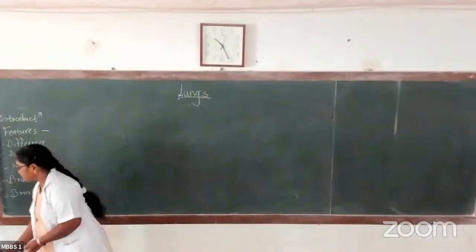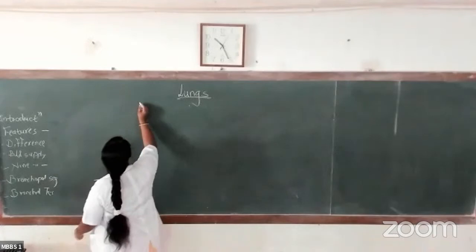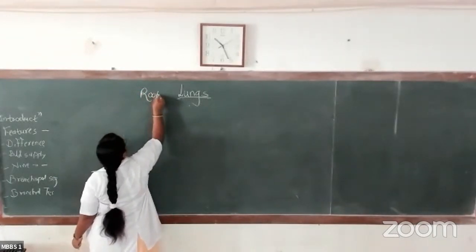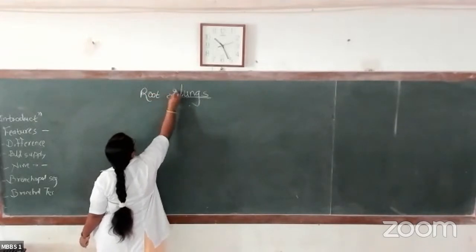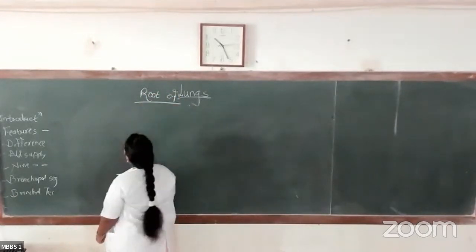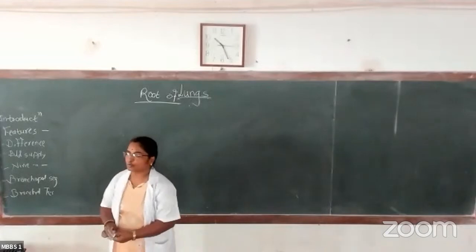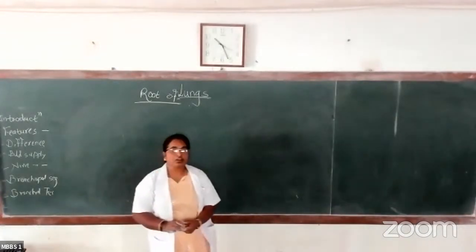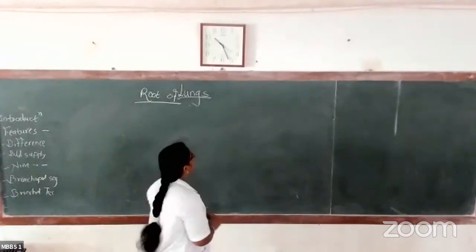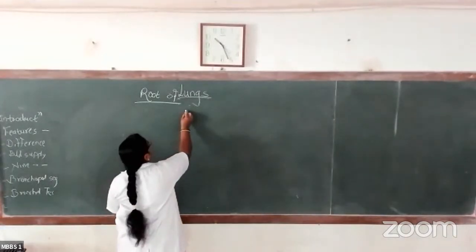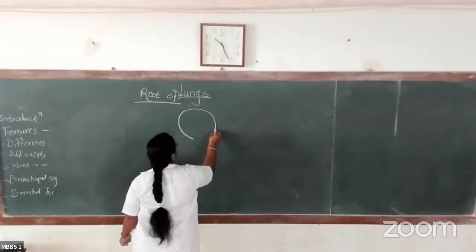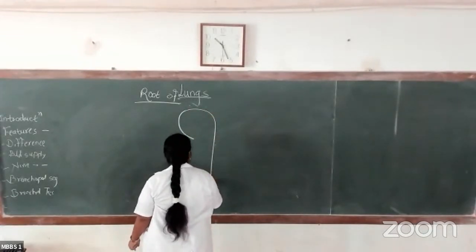Now we see the root of lung. Definition of root: it is a short, broad pedicle which connects the medial surface of the lung to the mediastinum.